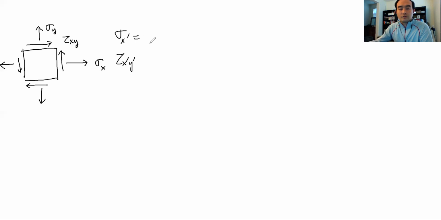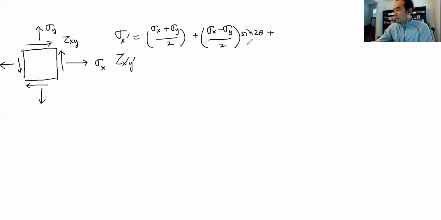So anyway, sigma x prime was sigma x plus sigma y over 2, and then here we have sigma x minus sigma y over 2 times cosine 2 theta, and then plus tau xy times sine 2 theta.